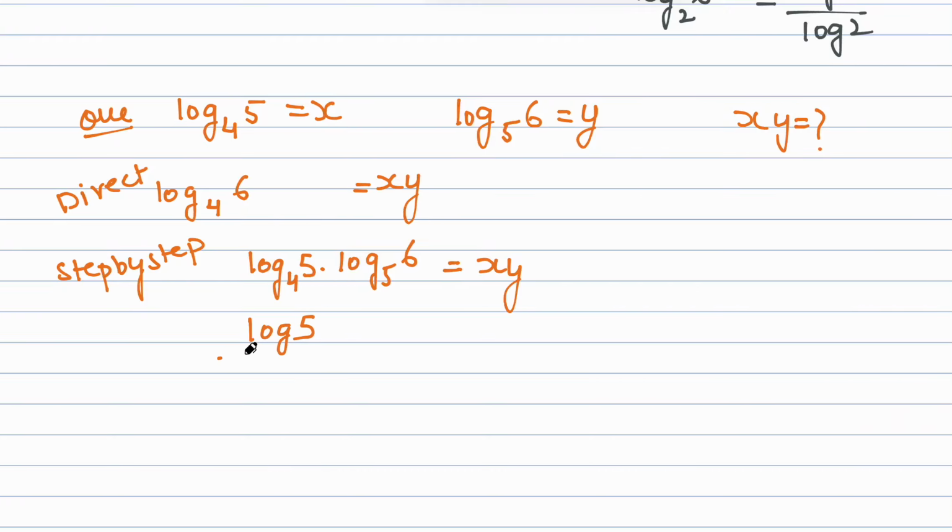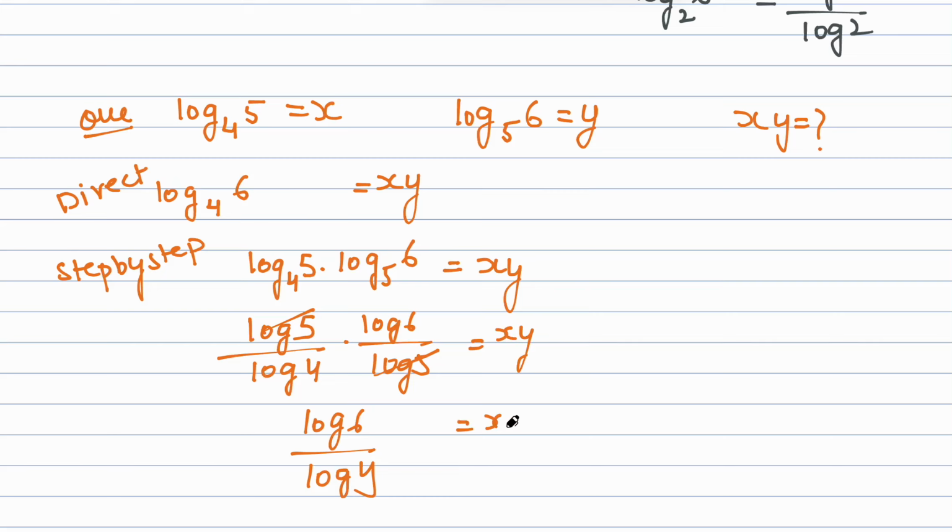So that will be log 5 over log 4 times log 6 over log 5, cancelled, and that is log 6 over log 4. This is equal to xy. Now we are going to just do the opposite of the base rule. It is already written as the solved one. So I can give 4 as the base and 6 in the answer. So the direct answer and this answer, they are the same. Just check your style, go with it.